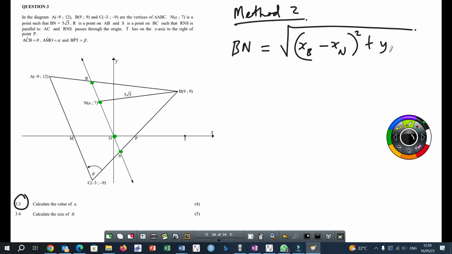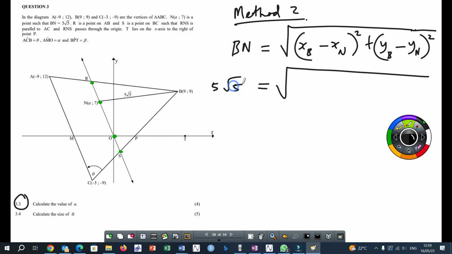But you need to know that I'm a new educator to you when it comes to this topic, so this is how I do it. So this will be equal to the square root. Now BN, we are already given here, it's 5 root 5. xB is 9. xN is 8. Plus yB, it's also 9. And then that's 7 squared.